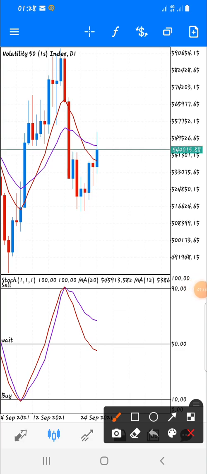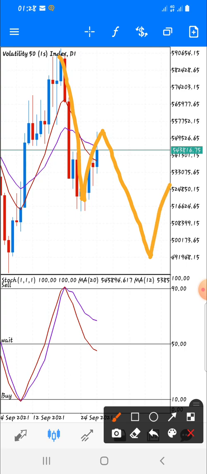You see here, for instance, this is an impulse, then the corrective. Now we are expecting another impulse and a corrective. Meaning, according to the daily time frame, the V50 (1s) is currently undergoing the corrective wave. It's at the corrective wave momentum.